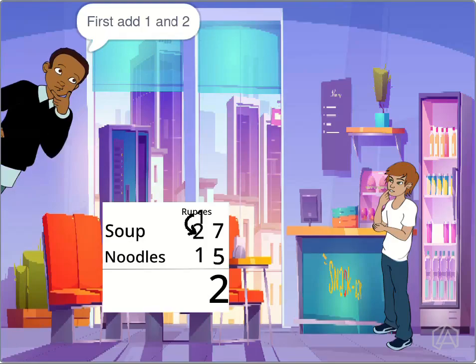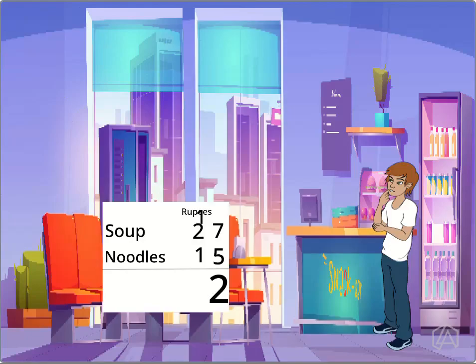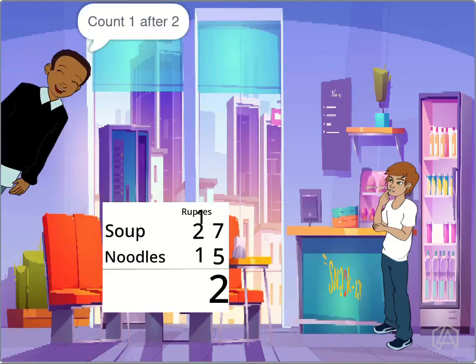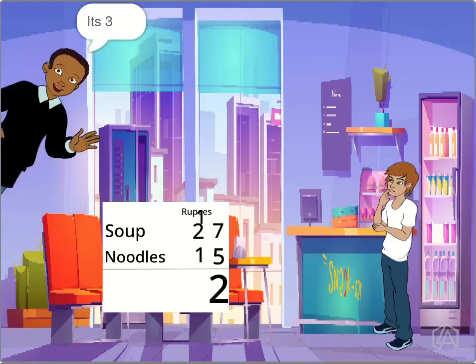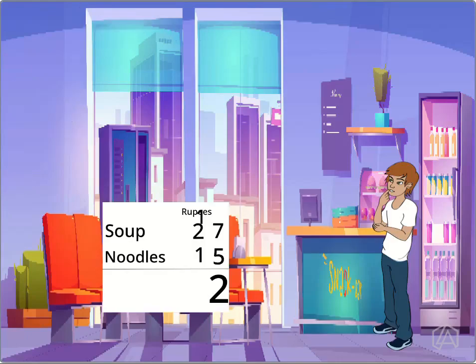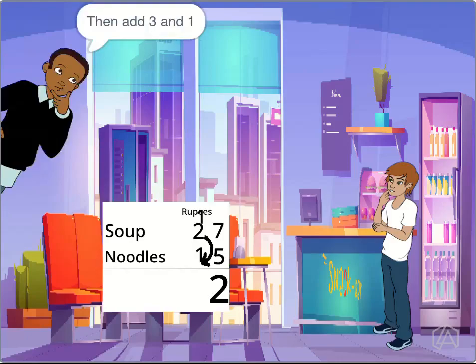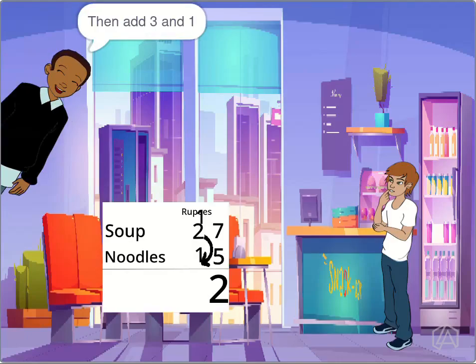First add 1 and 2. Count 1 after 2. It's 3. Then add 3 and 1.